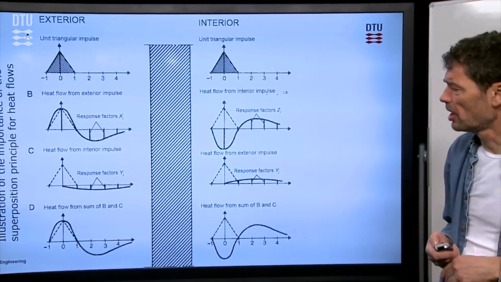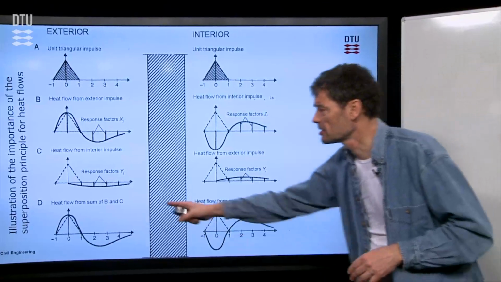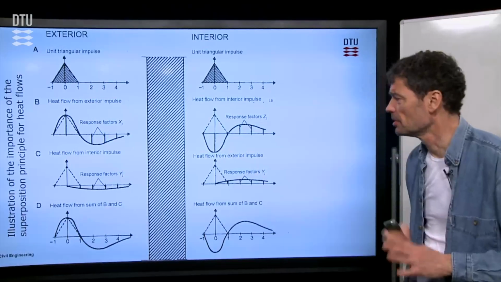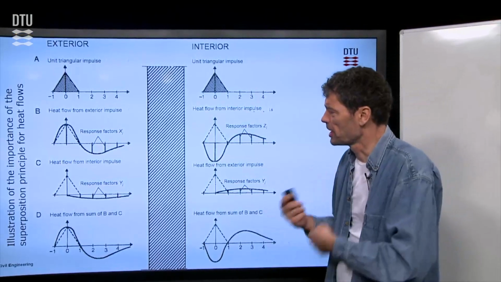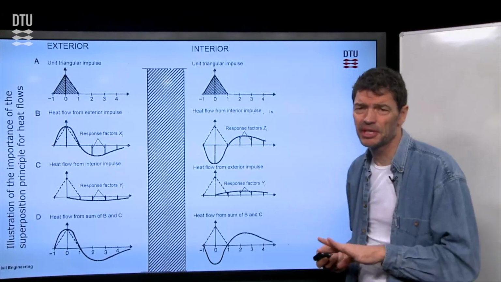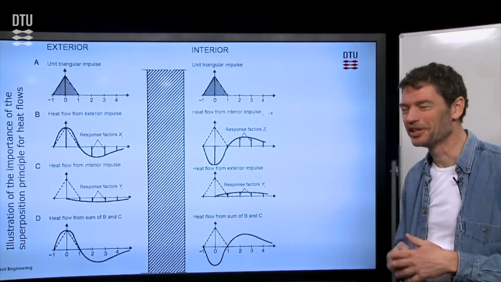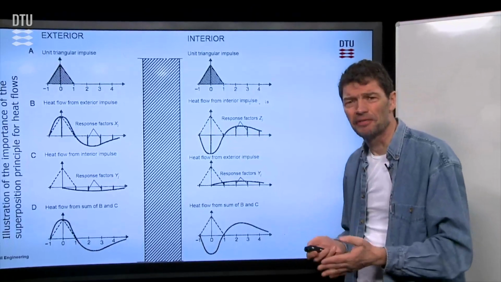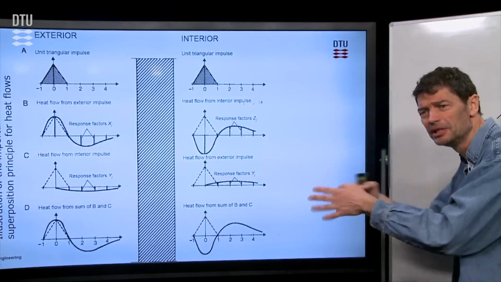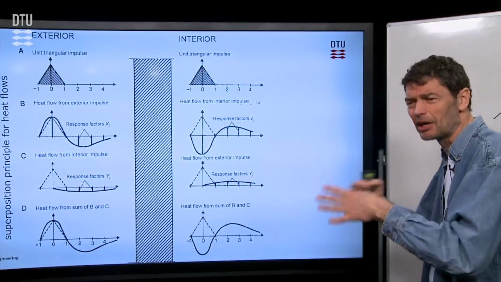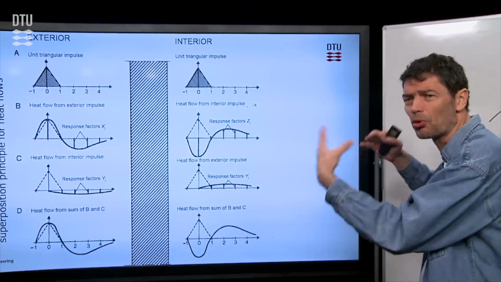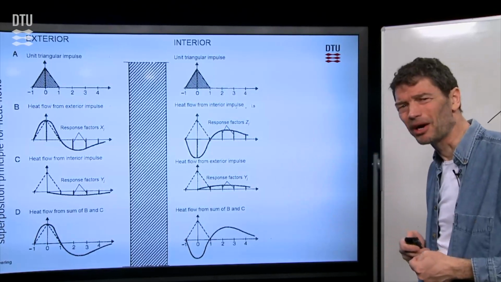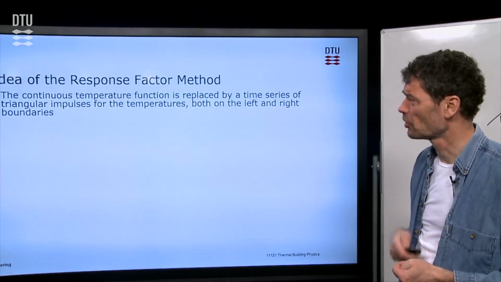And we can add them all up on either of the sides and get some total responses when it's added up, like we can show it here. So if we can calculate those response factors as time series, looking to the theory how that should be done, it's a very efficient way to calculate heat flows in and out of walls, when we calculate this in conjunction with the whole building, as I indicated before on the whiteboard, which is the purpose for what we do.